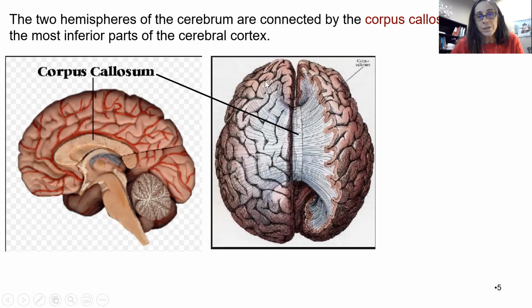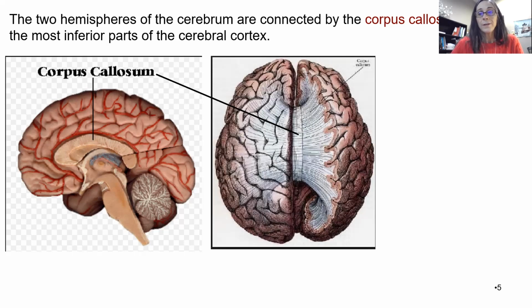The groove actually stops right here, and this is a collection of white neurons. You could say a tract or a highway, or even freeway if you want it that way.